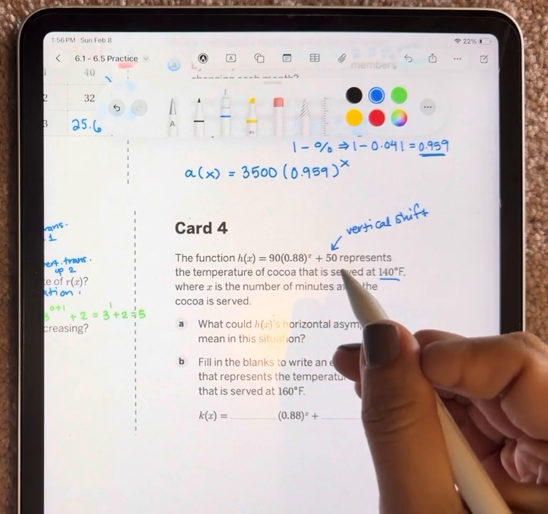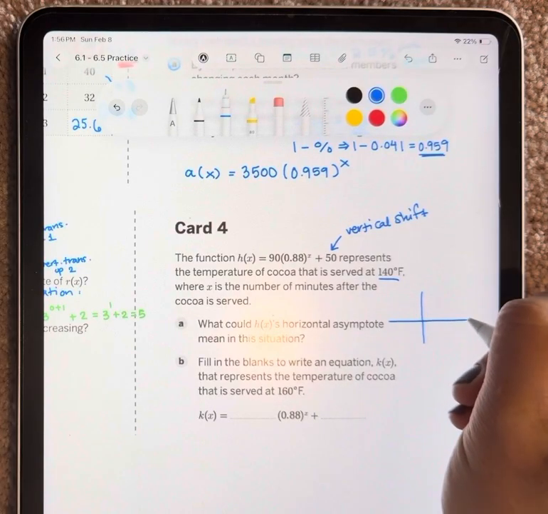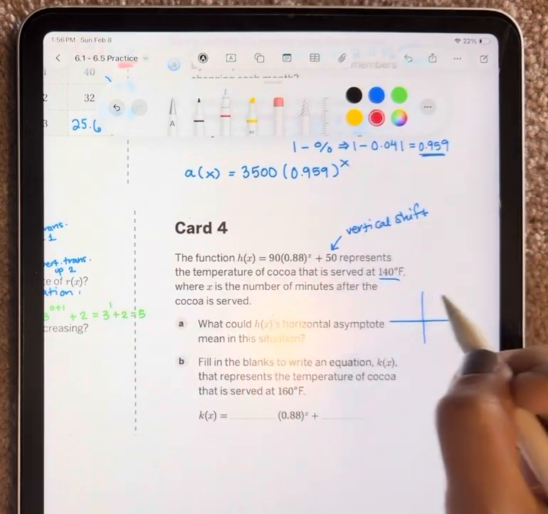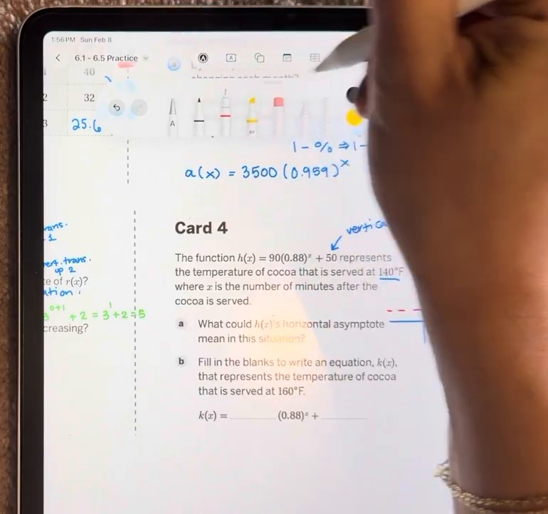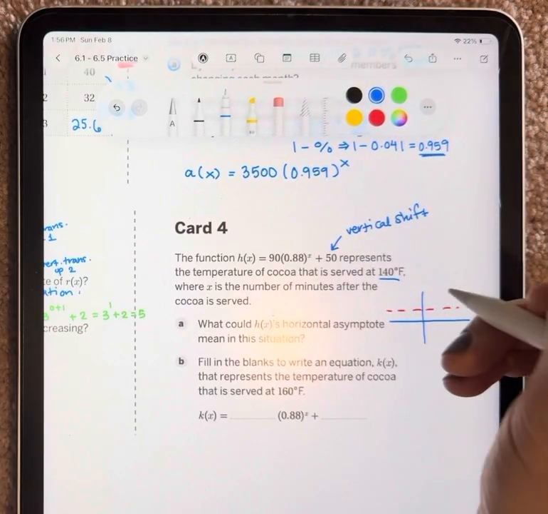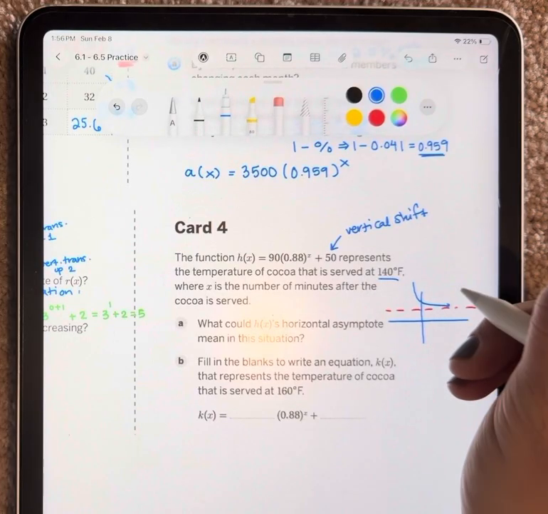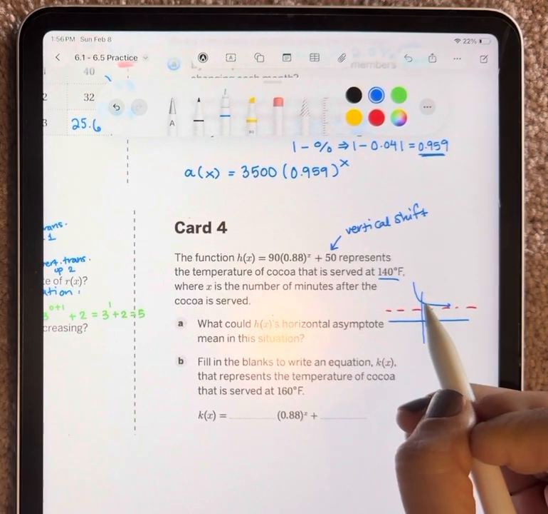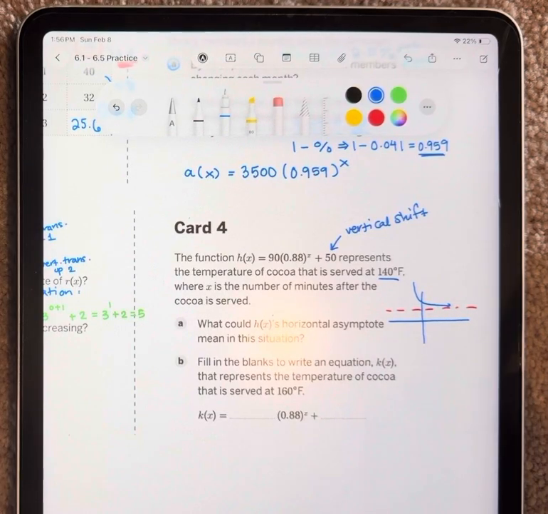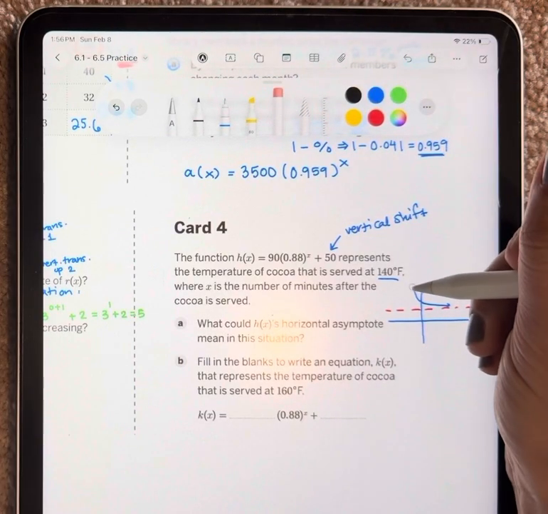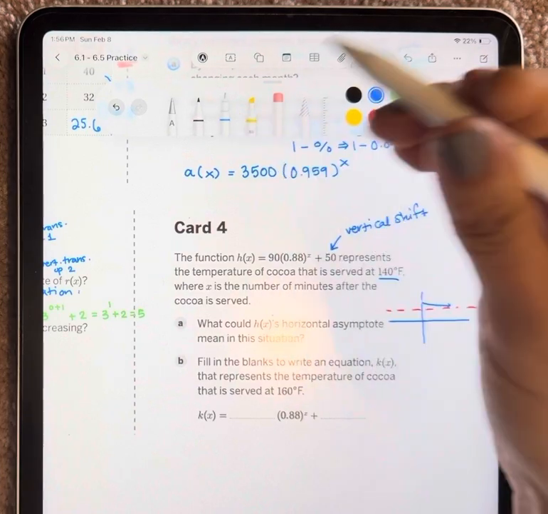So in this situation, you guys, if you could remember, we had ourselves coffee, but right now it's cocoa. That's poured, and it's poured really hot. And then the temperature decreases as time goes on. I kind of drew this badly, but that's okay, because a negative doesn't really matter, right? We're not pouring in negative time.